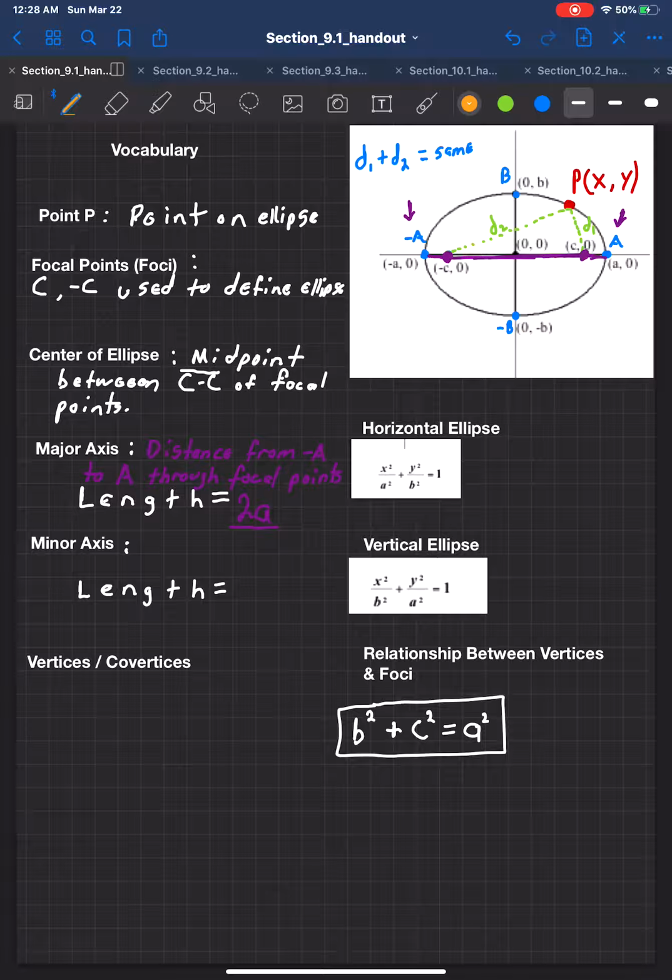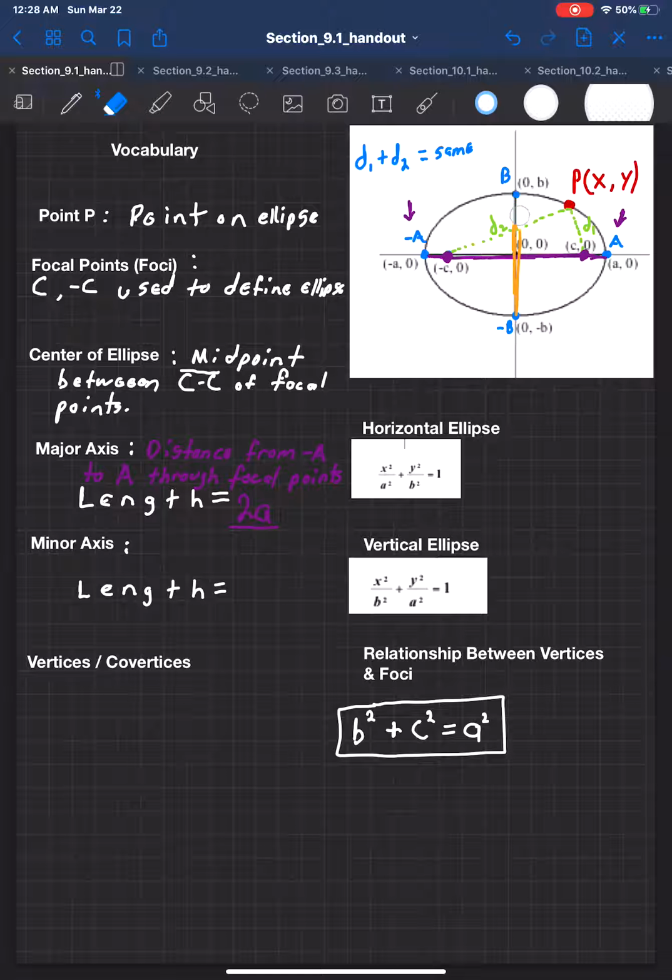Okay. Now what about the minor axis? The minor axis is going to be the distance. If I recall correctly, your book refers to A, negative A, B, negative B, all of those as vertices.